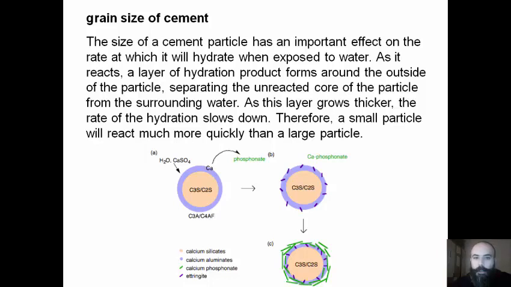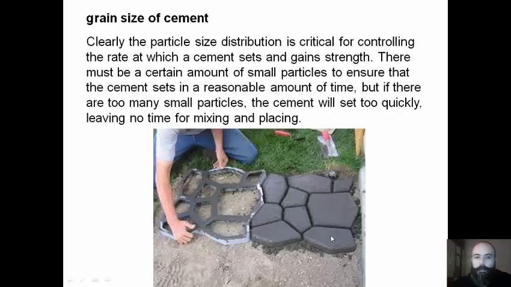As it reacts, a layer of hydration products forms around the outside of the particle, separating the unreacted core of the particle from the surrounding water. As this layer grows thicker, the rate of hydration slows down. Therefore, a small particle will react much more quickly than a large particle.